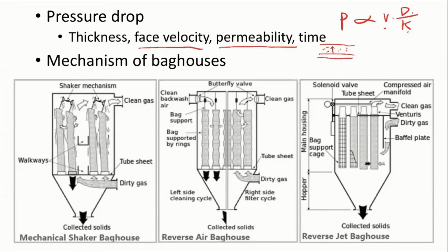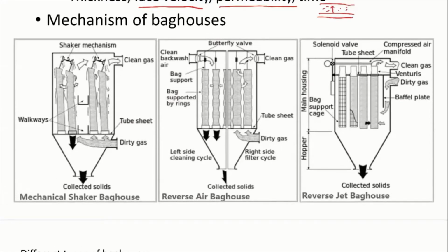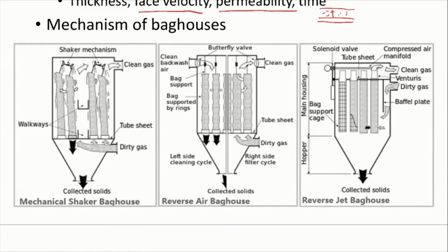So I also mentioned the three different mechanisms of the baghouses. We have the mechanical shaker baghouse, the reverse air baghouse, and the reverse jet baghouse. For the first two, we have to clean them periodically for maintenance, right? For example, for the reverse air baghouse, we have to shut off the clean gas outlet and then flush in the backwash air.